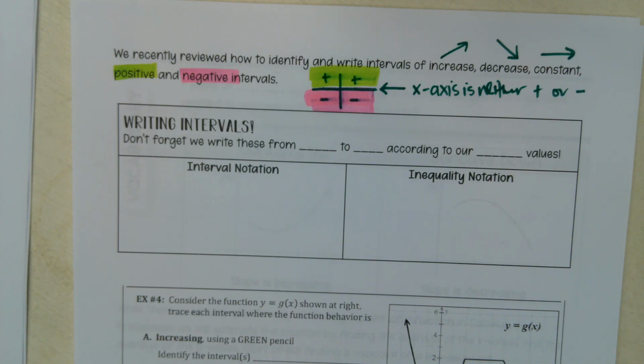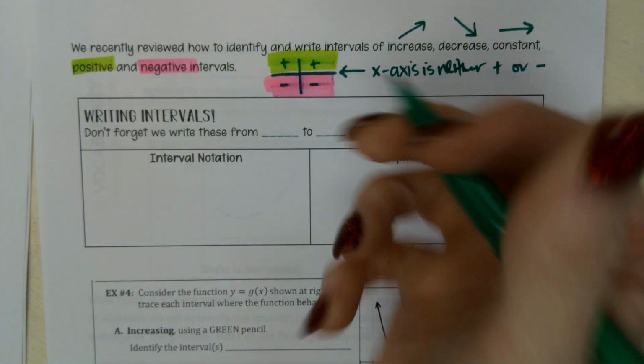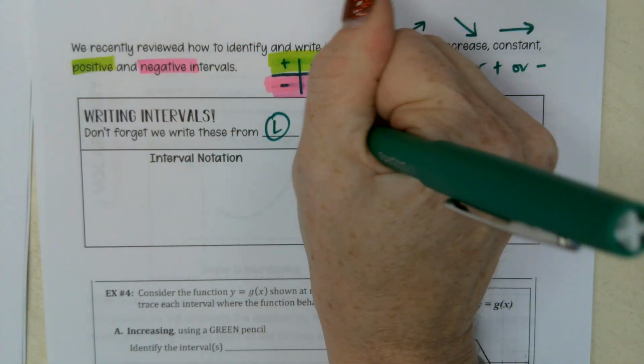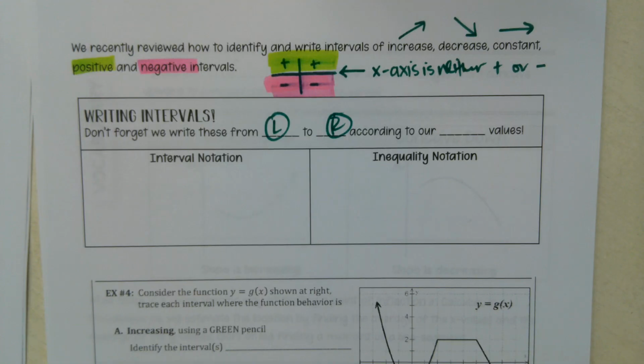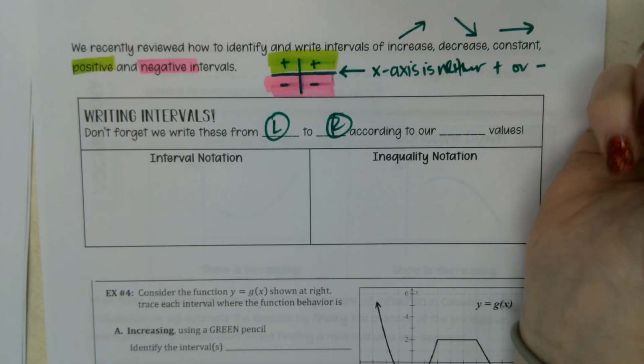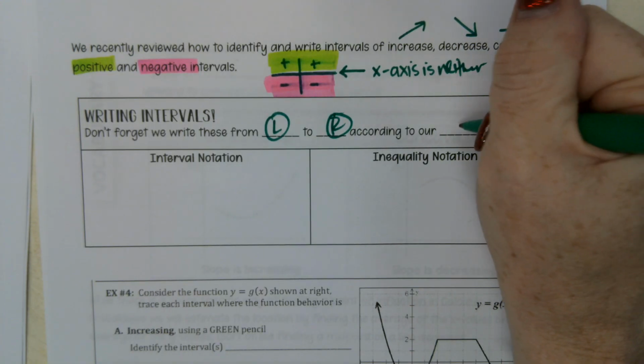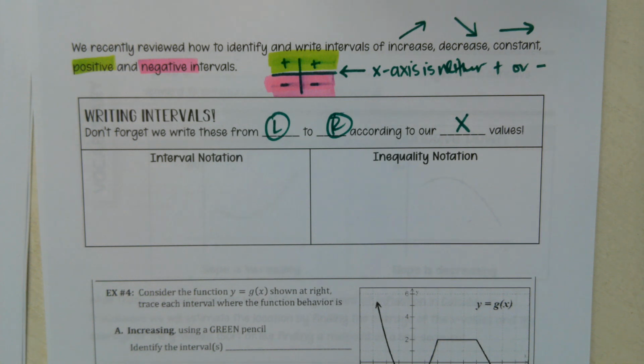Now, when we are writing intervals, don't forget that we write these from left to right, and we write all intervals according to their what values? Their x values. Perfect.